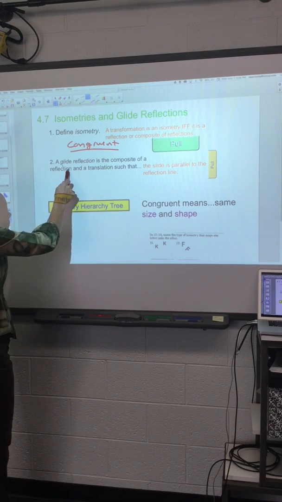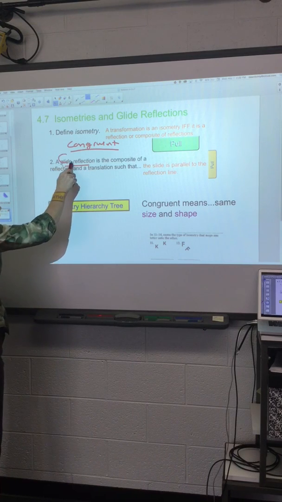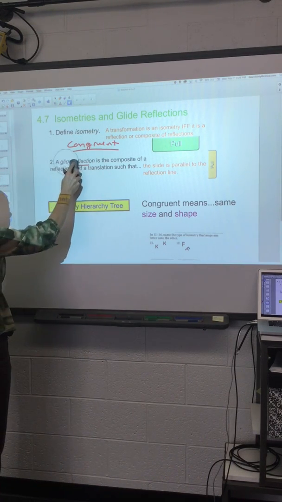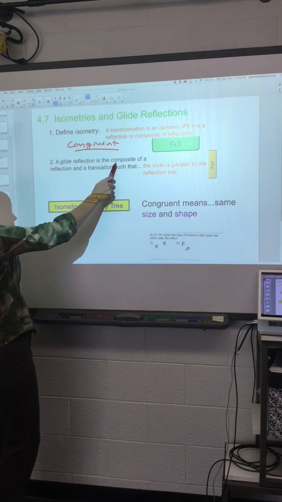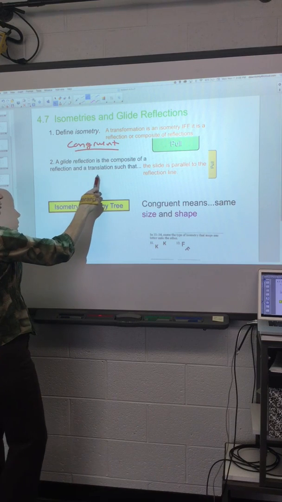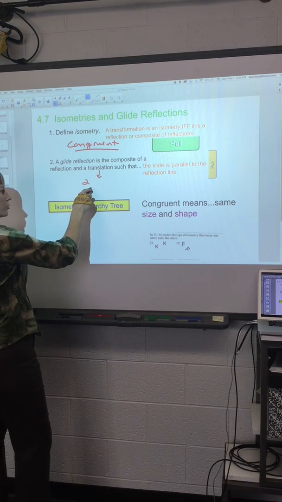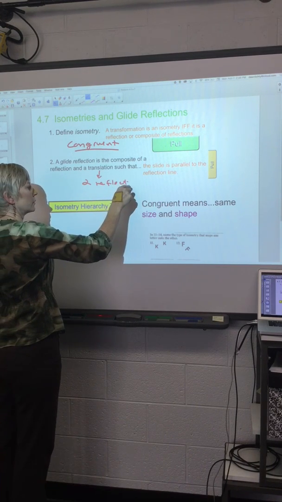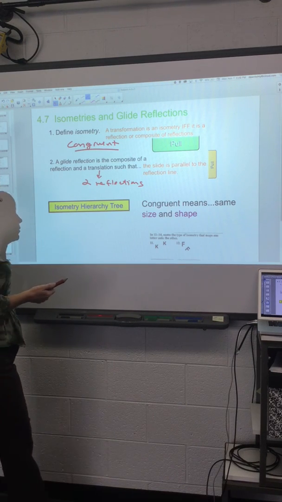And then the last one we have here is a glide reflection. Glide is different from a slide, but it's a combination of a slide and a reflection. So it's a composite of a reflection and a translation. And remember, translation requires 2 reflections, so this is really a composite of 3 reflections.